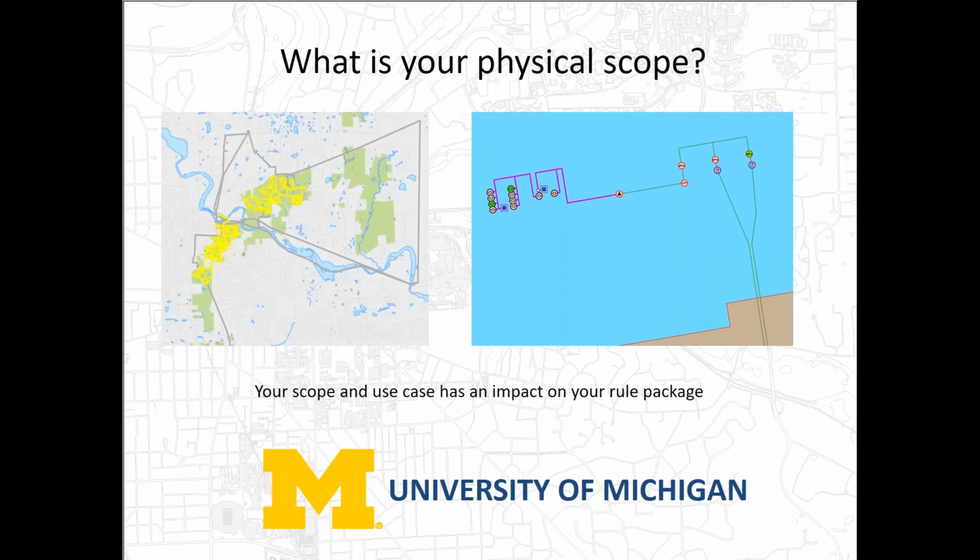Another example where scope is important is on the right-hand side, and how far are you going to go into the building? The base rule package that ESRI presents as the example and a starting point is Naperville. Naperville is built for a transmission and distribution area type system. They do cover low voltage, but it's not the focus.